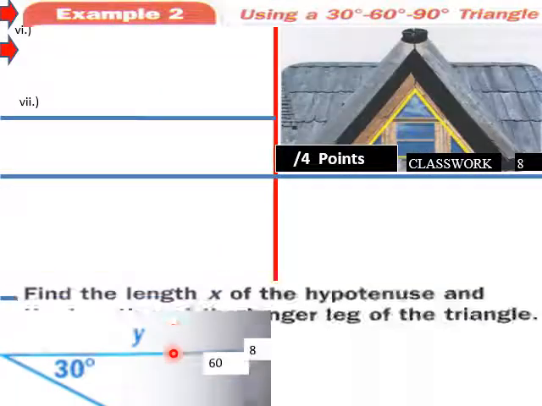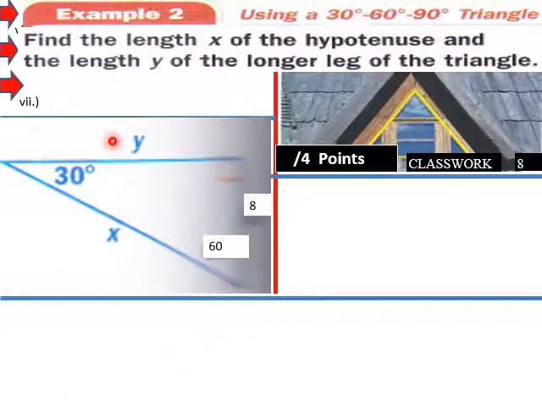So into example 2, using a 30, 60, 90, we have this situation here where we have a 30. This is a 90, so we know this is a 60 degree angle here. This is an 8 here. And then this is y here. The 60 would make this side the longer side because it's opposite of the 60 degree angle on that vertex.